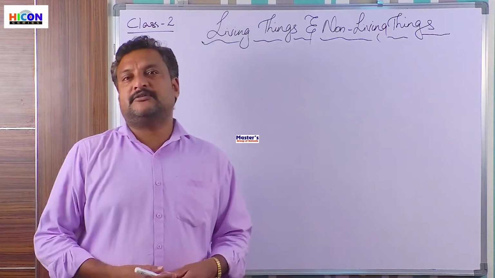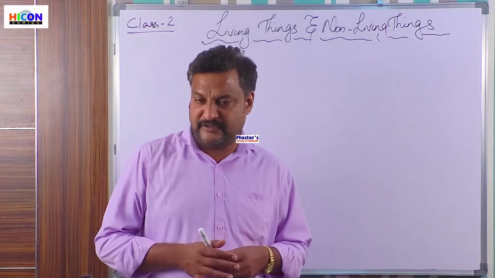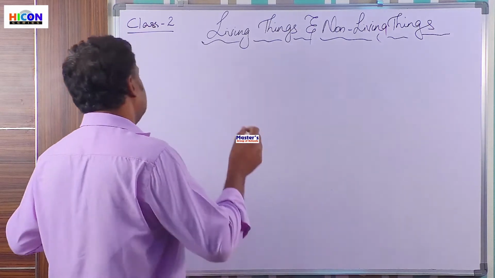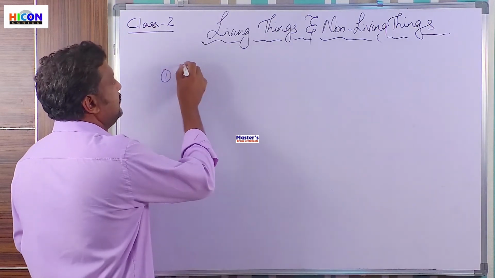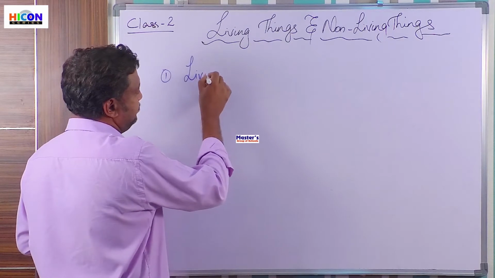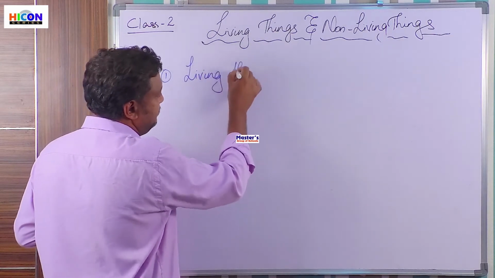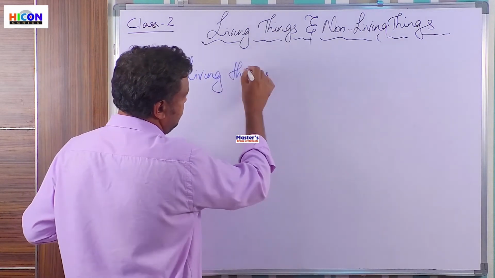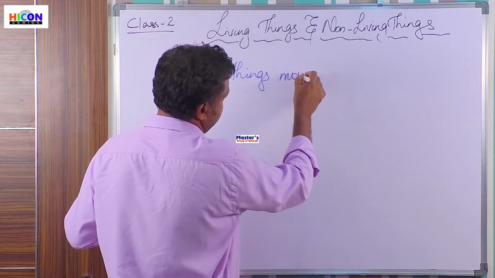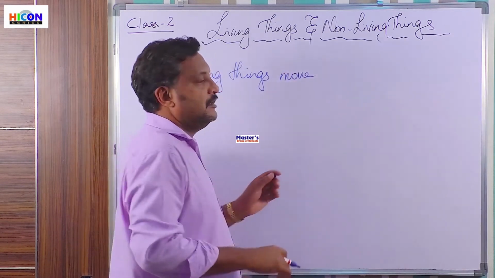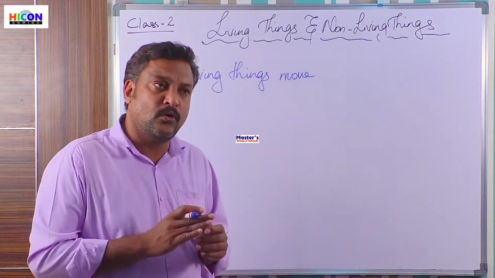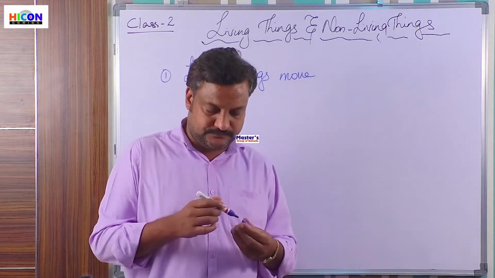Right? So what are the features of living things? Now, the first one is that living things move. Living things can move from one place to other.